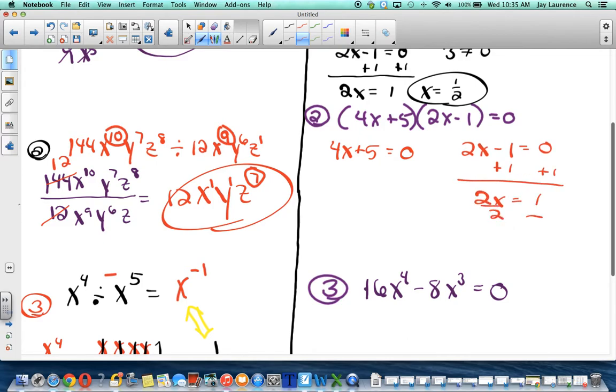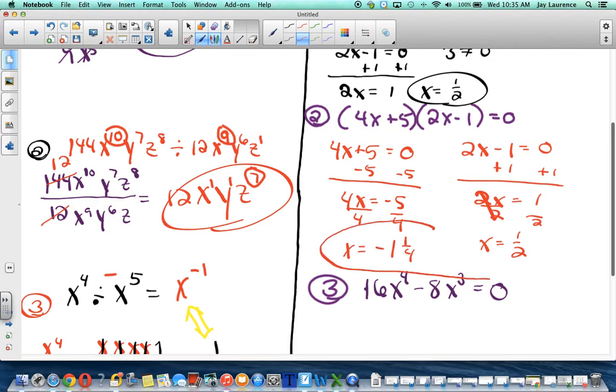Divide by 2. X will equal 1/2. There you go. Now I'll subtract 5 from both sides. I'll get 4x equals negative 5. I'll divide by 4, divide by 4. X is going to be negative 1 and 1/4. Okay, so there are the two solutions to it.